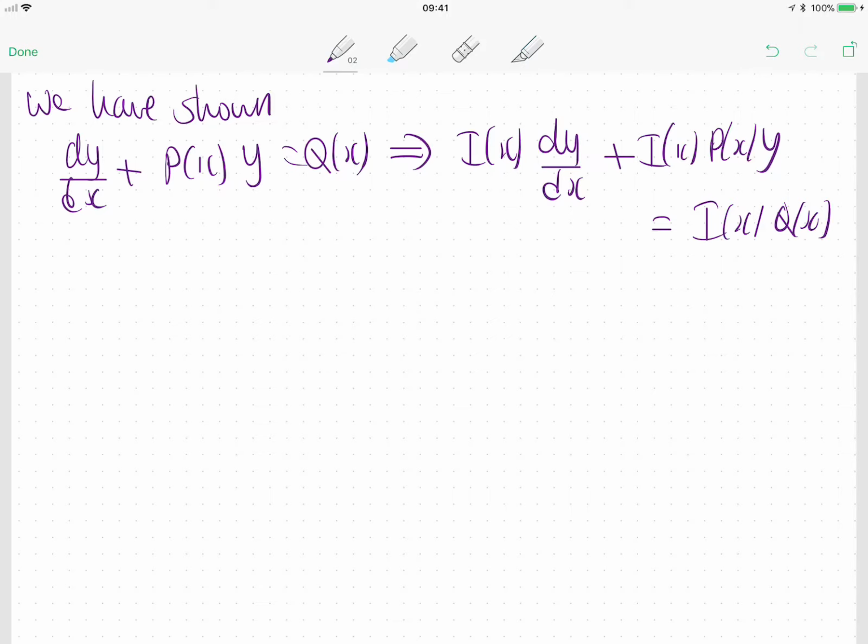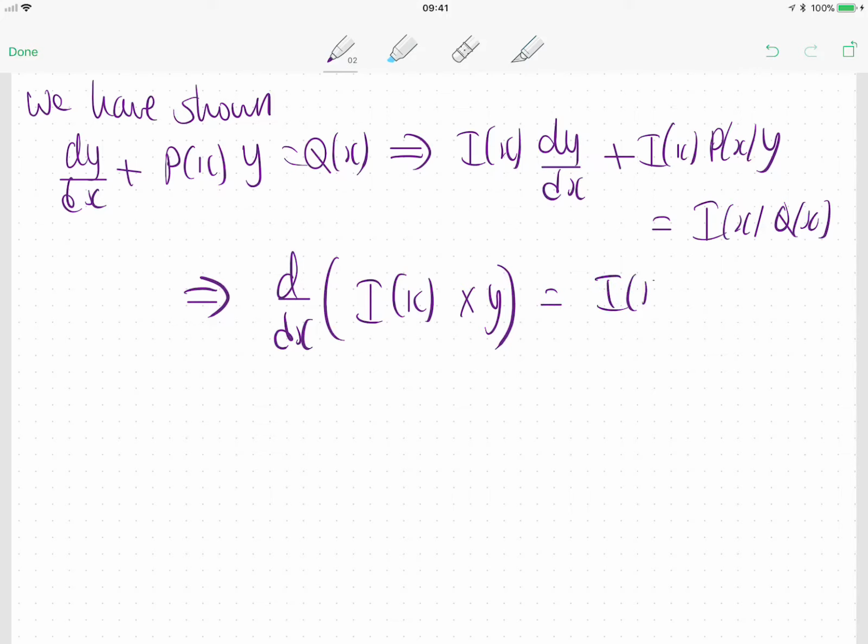And the left-hand side will always appear as the product rule of the integrating factor times y, and the right hand side is always q of x times the integrating factor. So to solve, to find y, we're going to integrate with respect to x, just like we did with the previous examples.